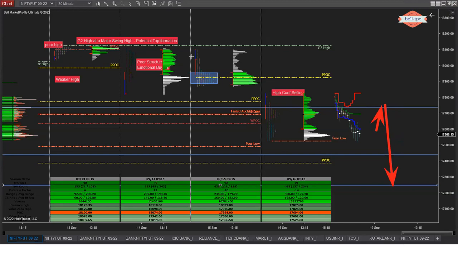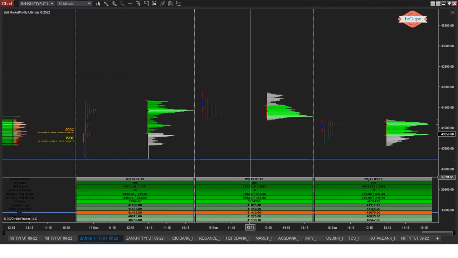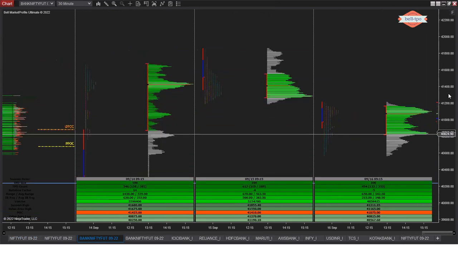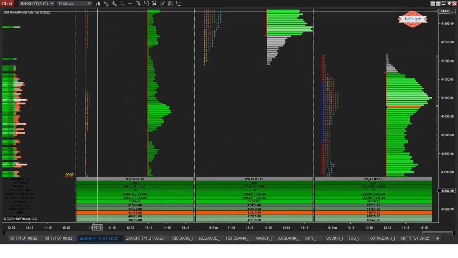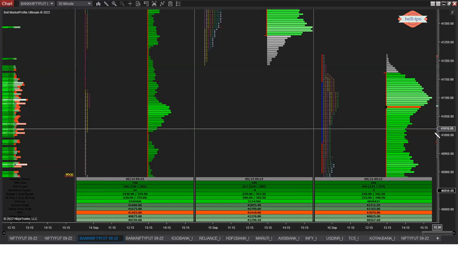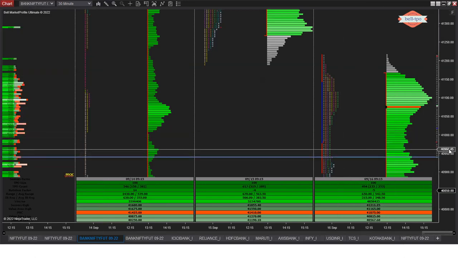When it comes to Bank Nifty, it also had a similar top formation, but still last Friday's activity is not looking great. There are a couple of micro informations that happened here also. One of the levels where micro information happened is at the I period high.